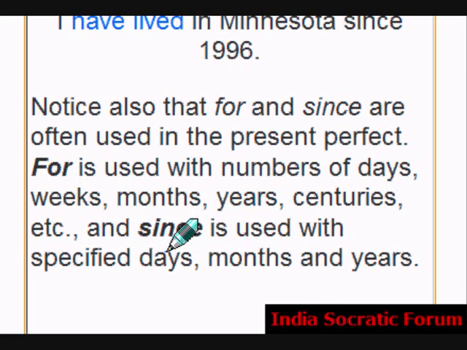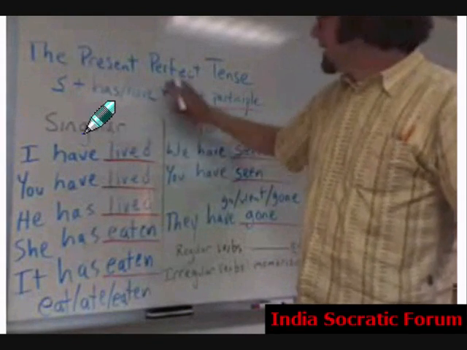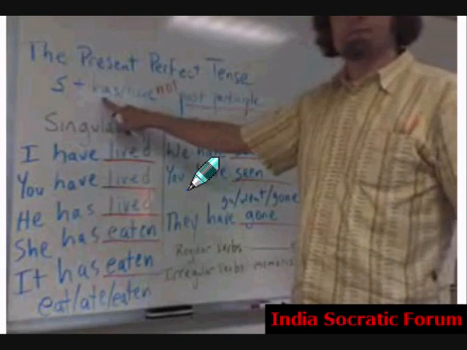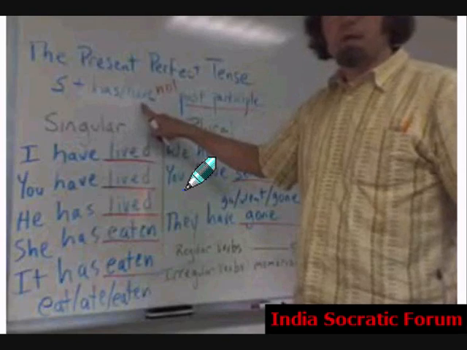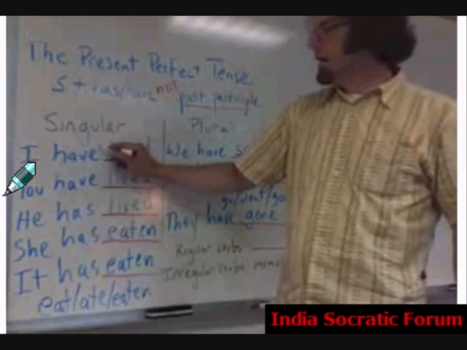Okay, for and since. To make the negative, all we have to do is add not to the has or have verb. That is before using the contraction.